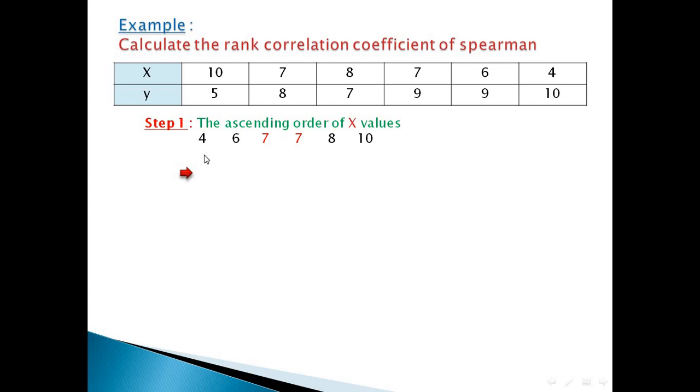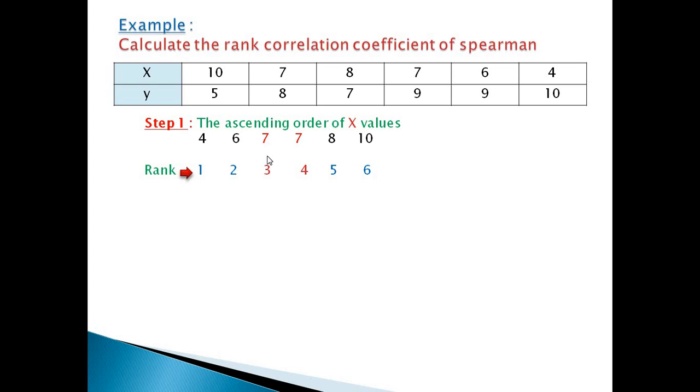The rank of 4 here, this is the first one, so its rank is 1. And the rank of 6 is number 2. What about if you have same values? This is the third one and this is the fourth one, but they are same. So in this case, you have to find the mean for the other ranks.